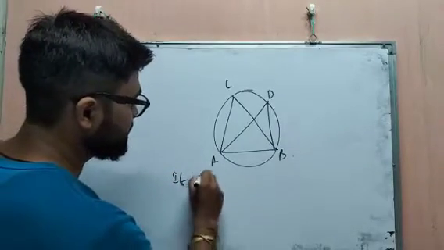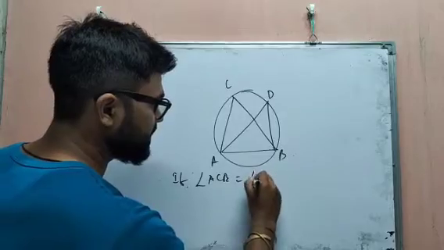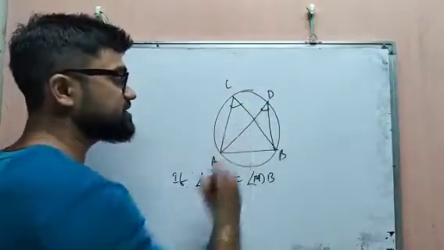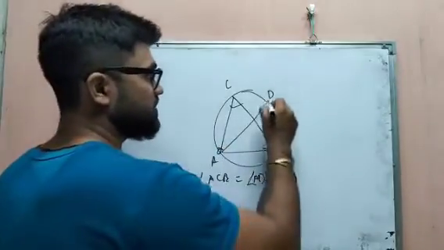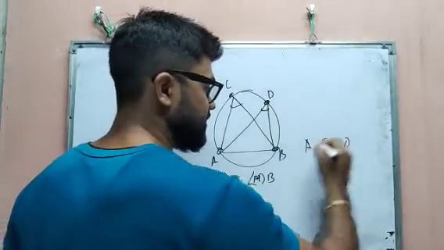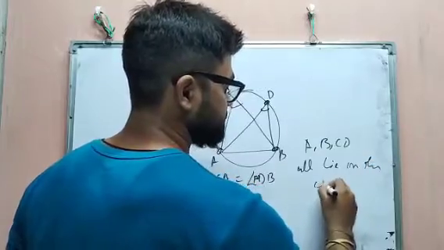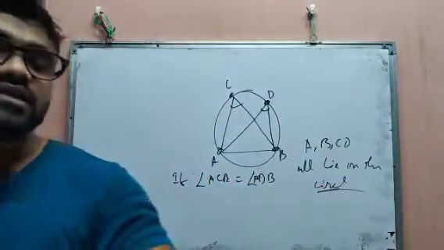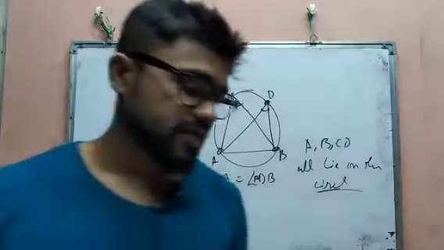If angle ACB is equal to angle ADB, that means these two angles are equal, then you can say that the points A, B, C and D all lie on the circle. These points lie on the circle if the two subtended angles are equal. This is theorem 10.10.